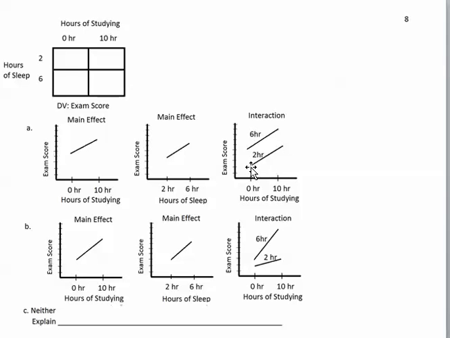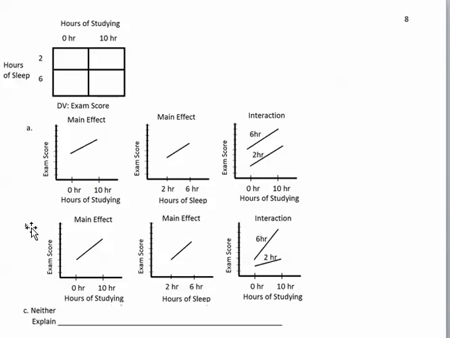The 2-hour group and the 6-hour group are improving the same amount when they study 10 hours for the exam, which is why the lines are parallel. So if you think that the two sleep groups would benefit equally from studying, you would choose A.